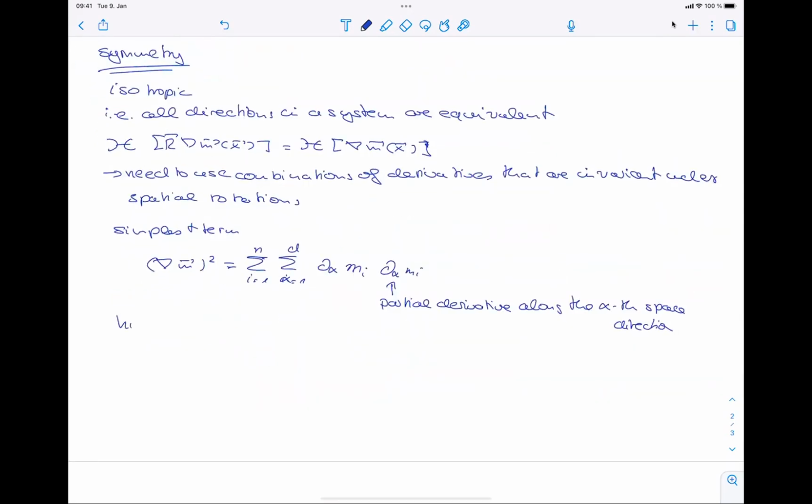I can also consider higher order terms, like obviously this Gaussian of the magnetization field, where we then have double derivatives.